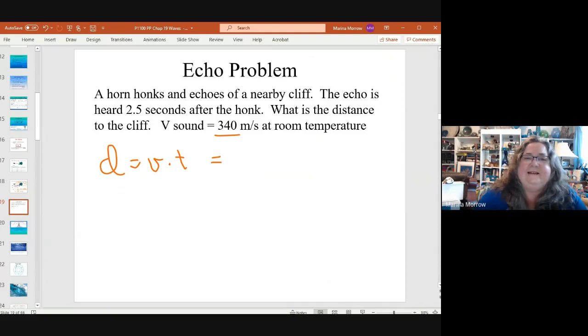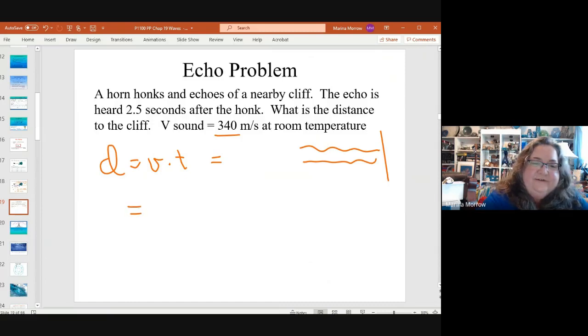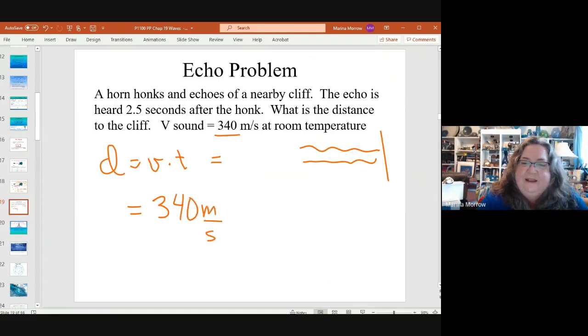So this has a horn honking, and that reflects off a cliff, and it comes back, and you hear the echo. And it takes 2.5 seconds for that to happen. So the thing is, I can use the velocity, 340 meters per second. And then the question is, well, what time do I use to get the distance?